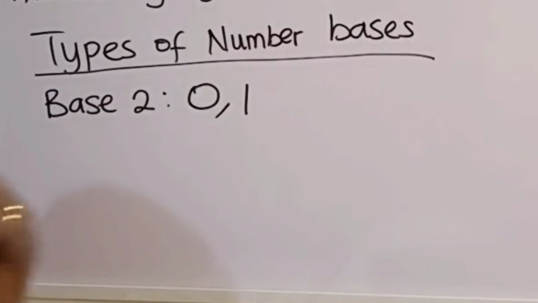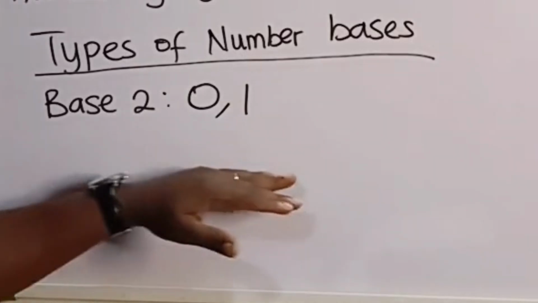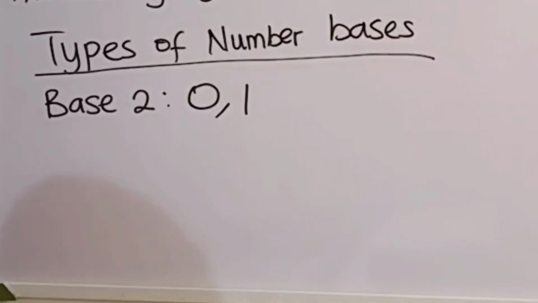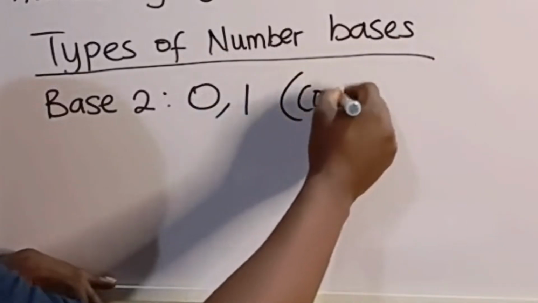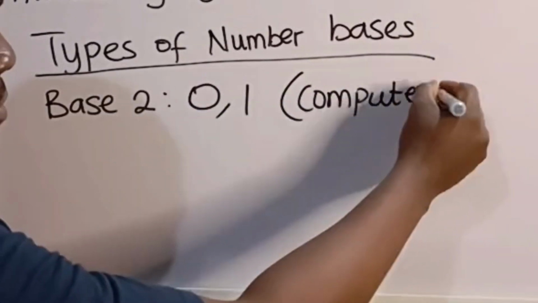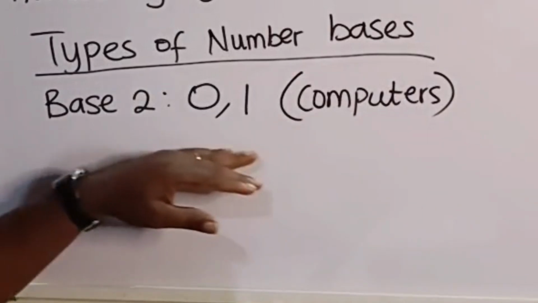You're not going to see 3, 4, 5, 6, 7, 8, and all the other numbers. Any system that works on this numbering system does not recognize what 3 is, 4 is, 5 is, and so on. So we are going to put in brackets that our computers work on this numbering system.